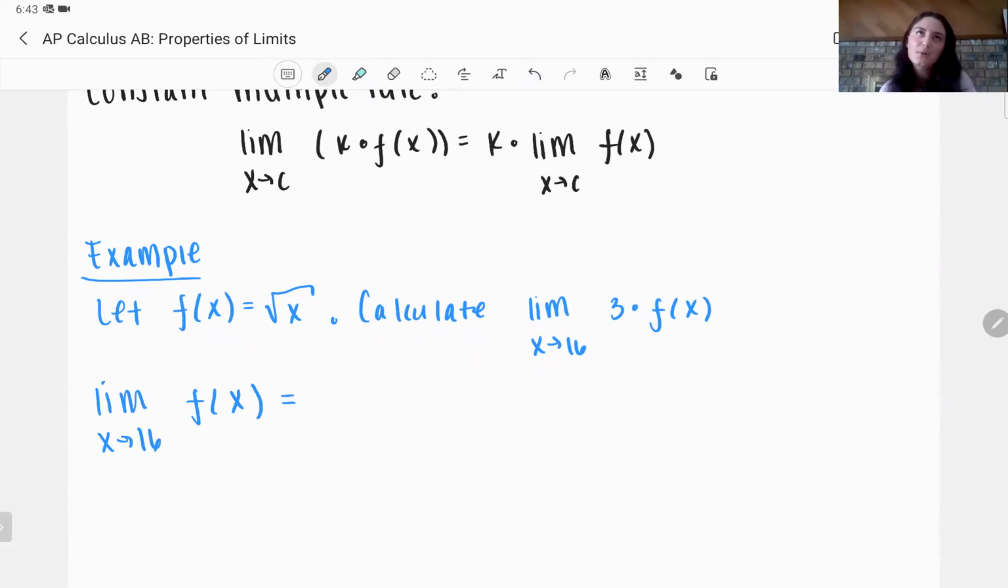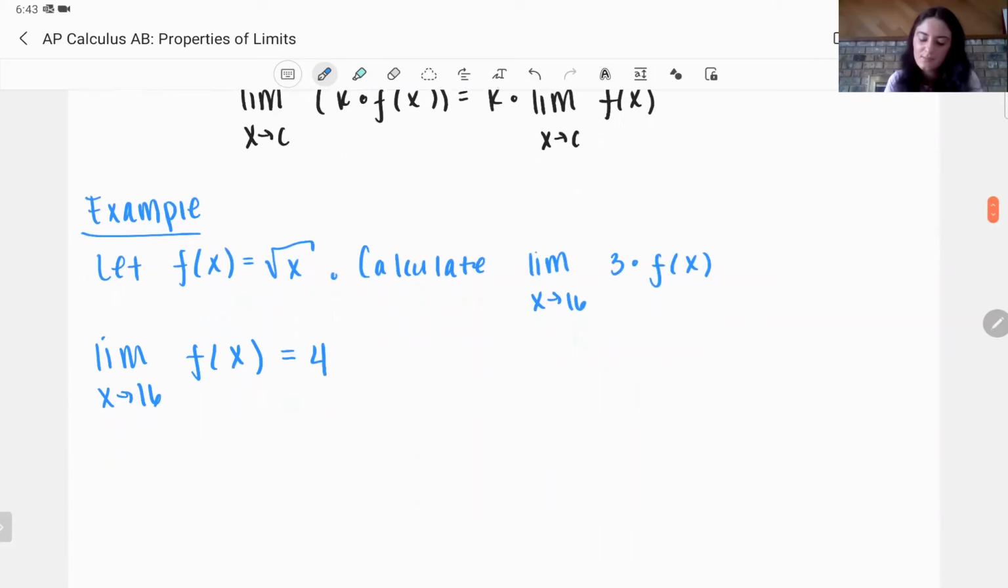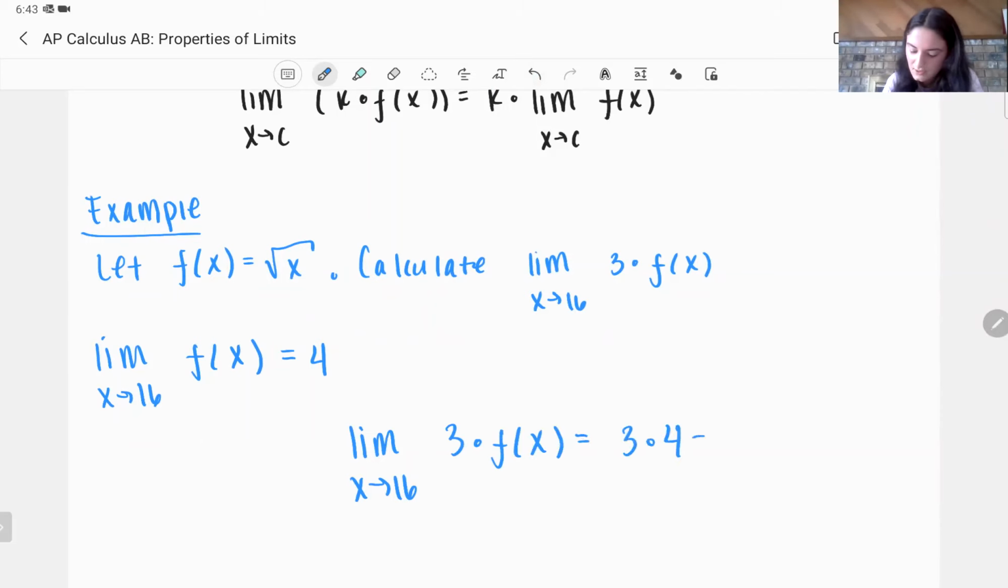So as x approaches 16, the limit should be equal to 4. And now all we need to do is multiply that by 3. So the limit as x approaches 16 of 3 times f of x is just equal to 3 times 4, which is equal to 12.